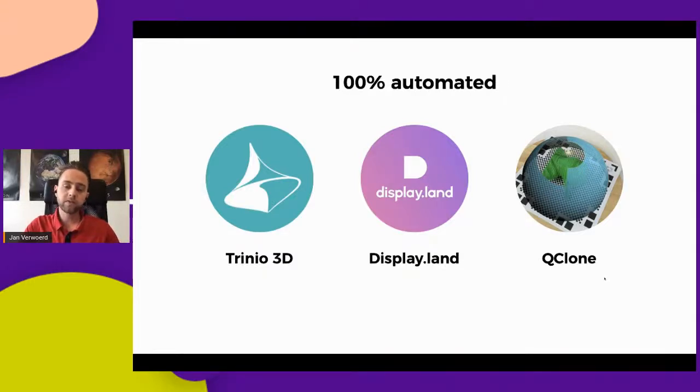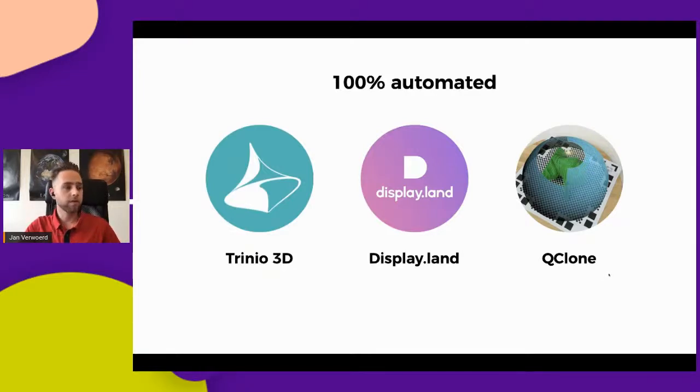The quality of this app is slightly better than Trinio, but there's one thing: you need to print out a paper with some sort of QR code on it. This QR code is for the application to calculate from what position all the pictures are being taken.